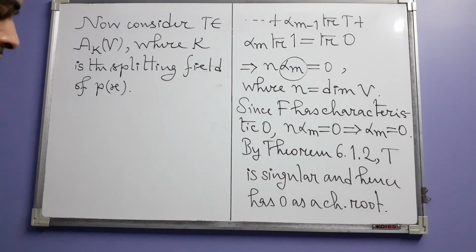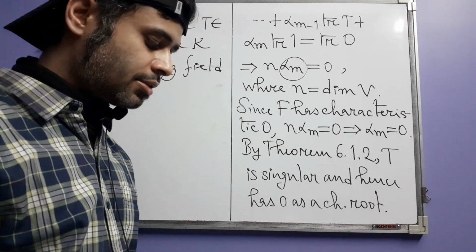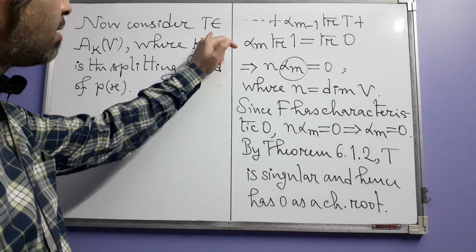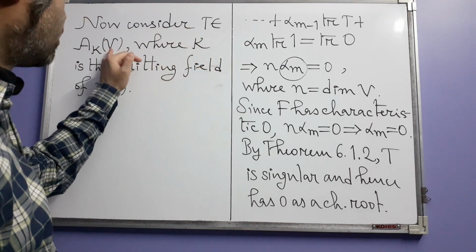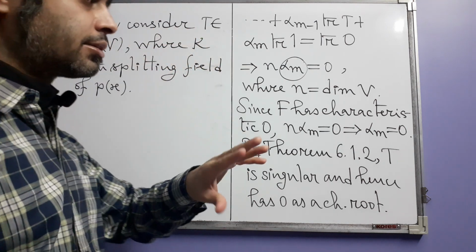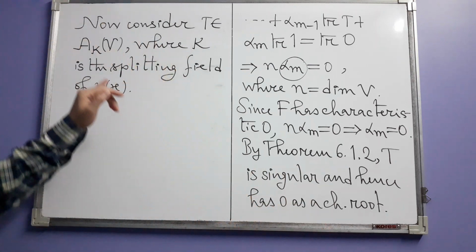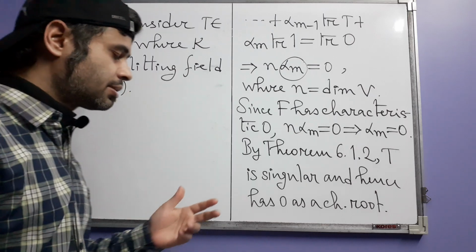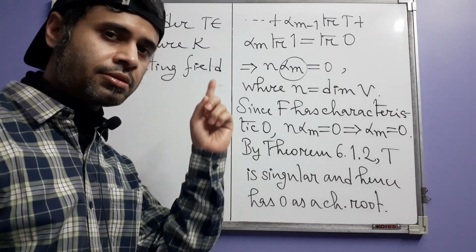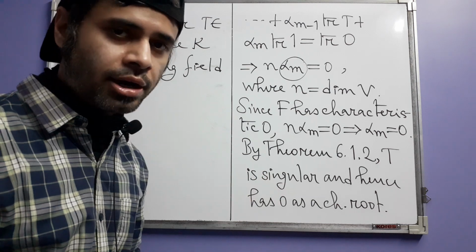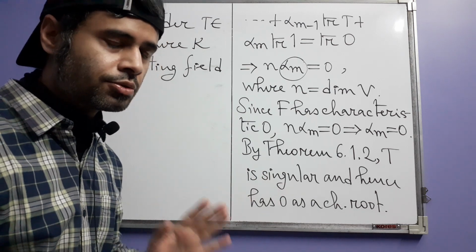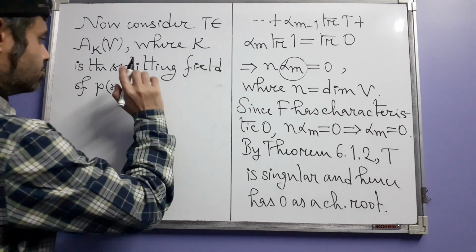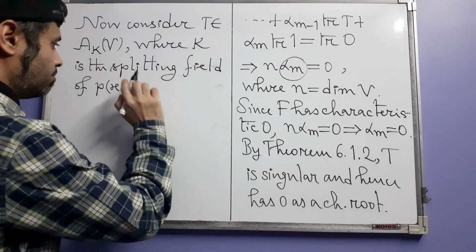Okay, now let us recall another result, and that result is theorem 641. It tells us that if we have a linear operator on a vector space V, all of whose characteristic roots lie in the underlying field K, then the vector space has a basis in which the matrix of the operator is a triangular matrix. We already proved this fact, and we are now going to use it.